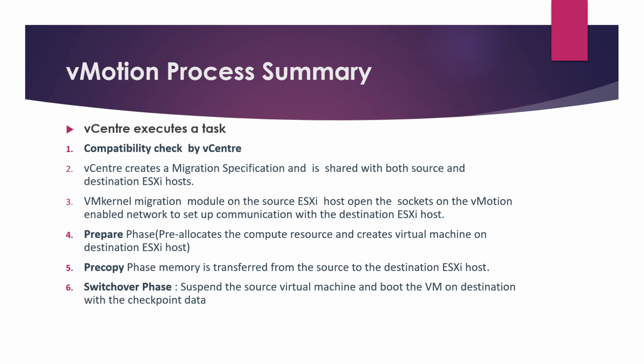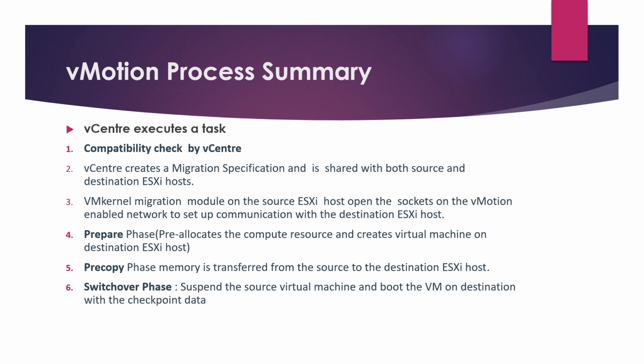So here is the vMotion process summary. First, a compatibility check is done by the vCenter server. Then vCenter creates a migration specification, which is shared with both source and destination ESXi host. The VM kernel migration modules ensure that all the processes and ports are open for the vMotion process to begin between the source and destination. Then it enters the prepare phase, where the destination host pre-allocates the compute resources and creates a virtual machine.